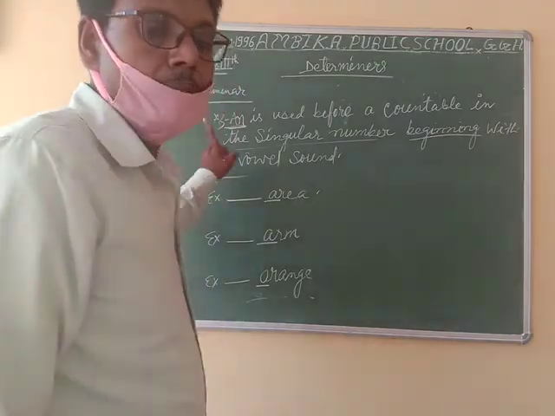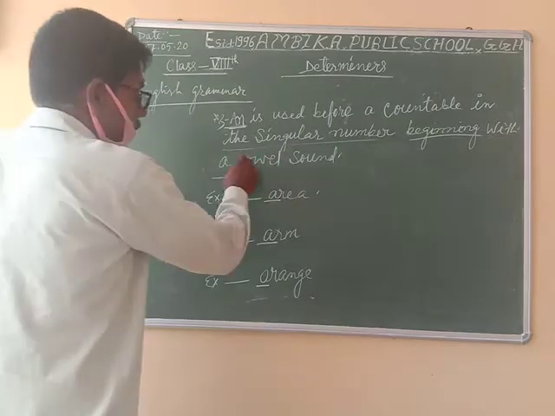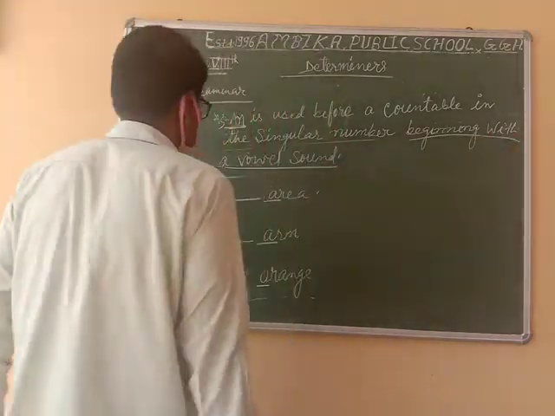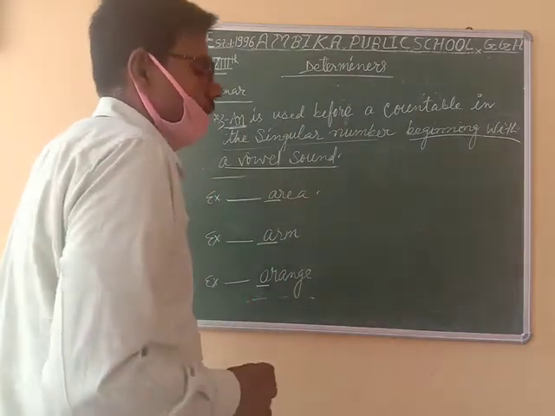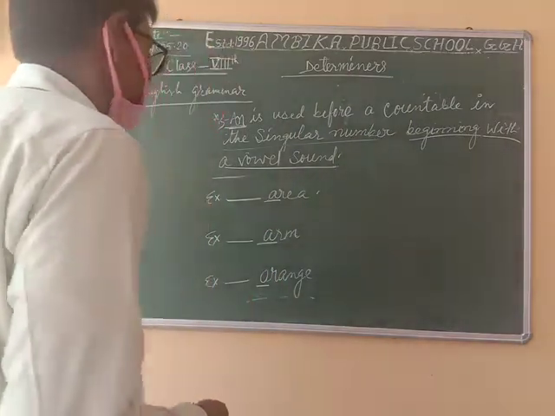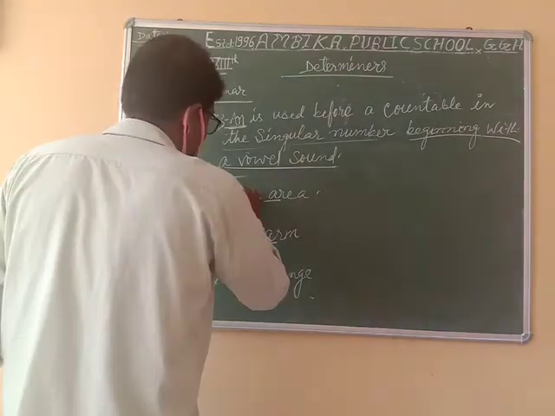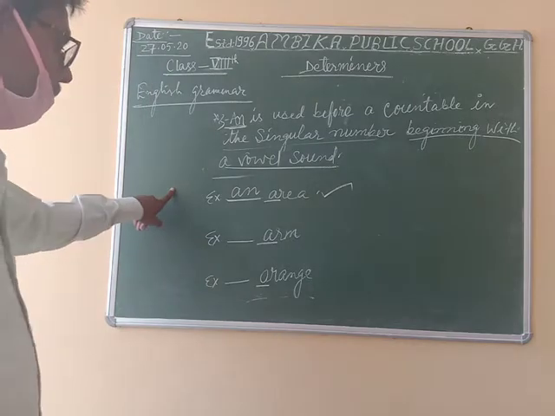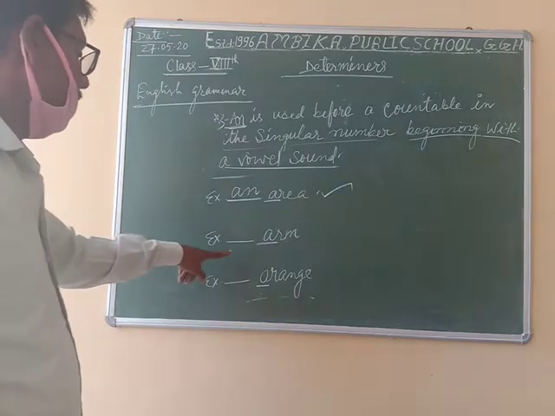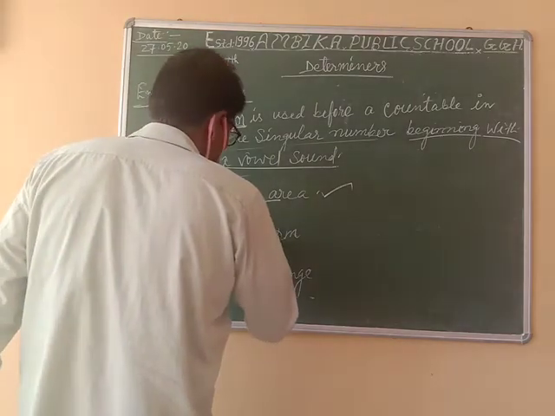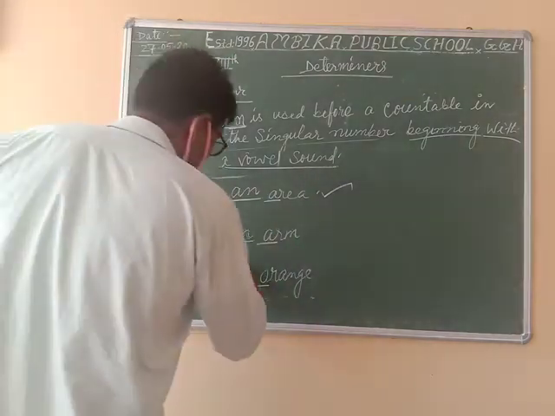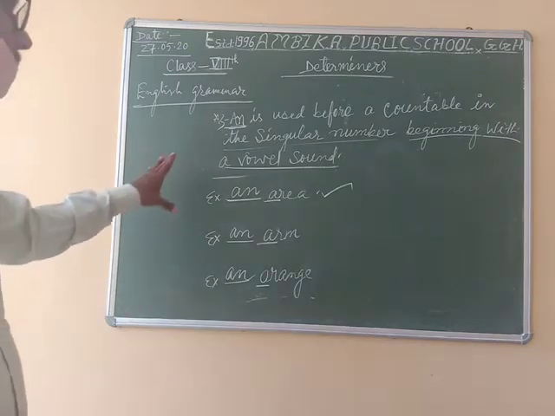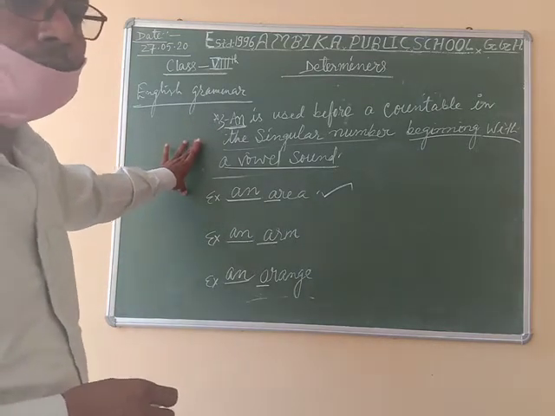Beginning with a vowel sound, we have to put the article AN in the sentence. So an area will be correct. An arm will be correct. And an orange will be correct. Any question? Any doubt?